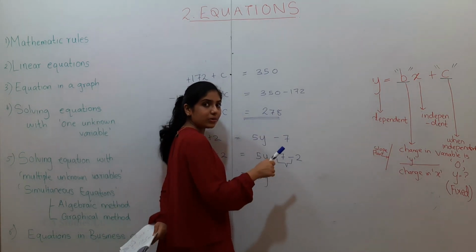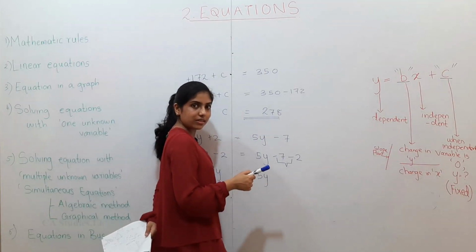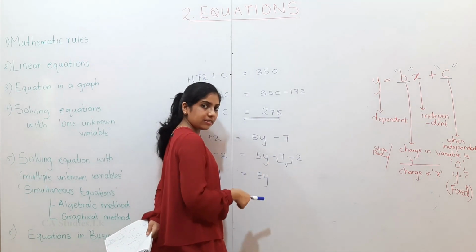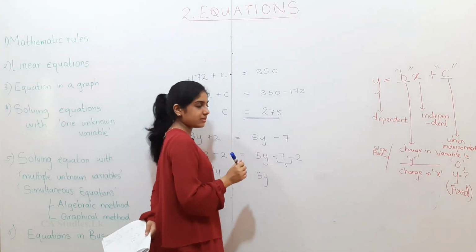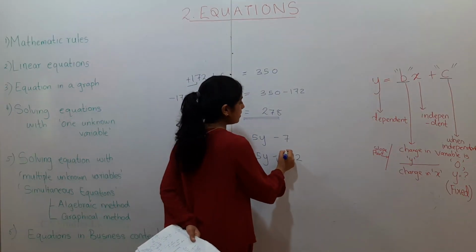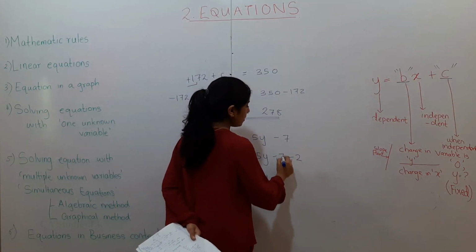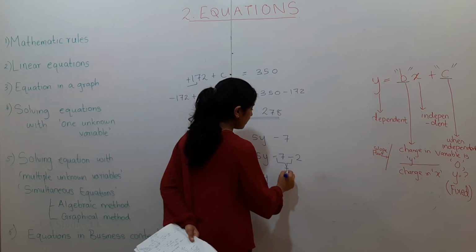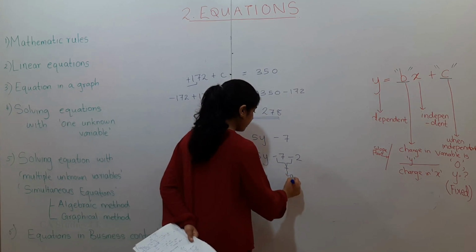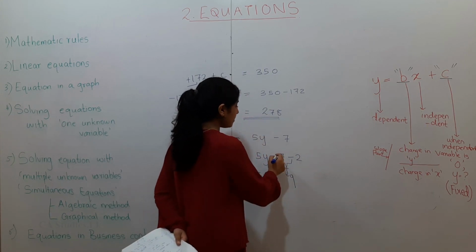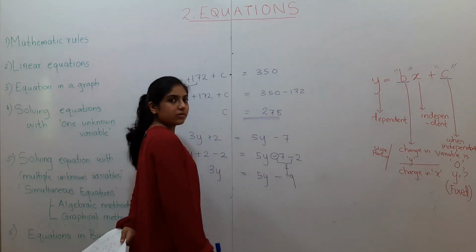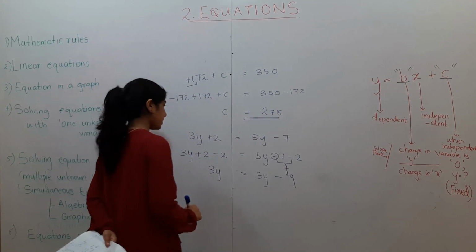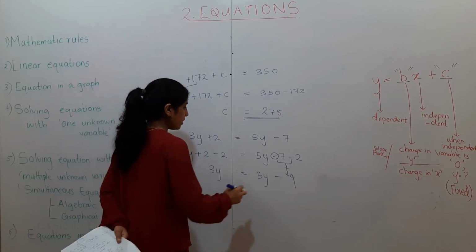Refer to your initial mathematical rule: minus and minus is plus. The function is a plus, so you have to add 7 and 2, which is 9. But the sign will be minus. Alright, that's what I taught you all.